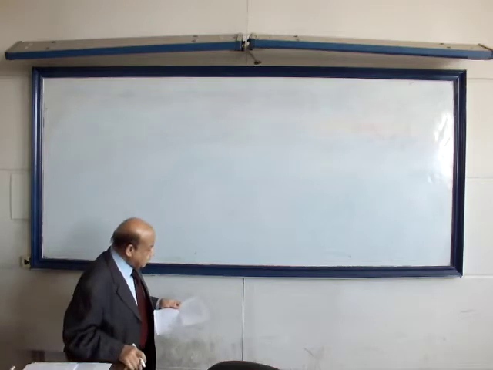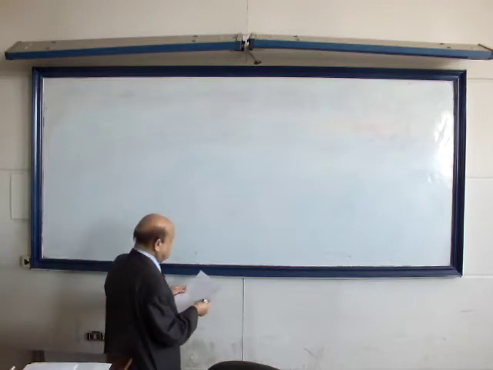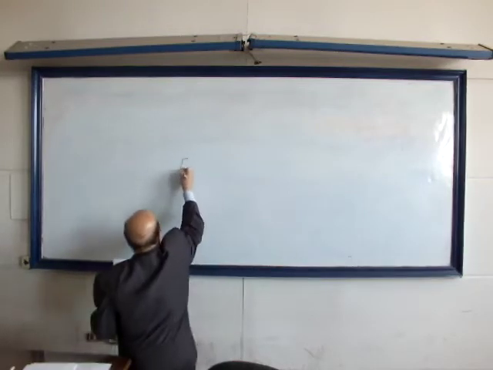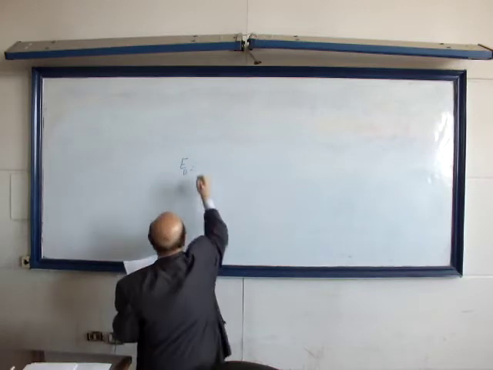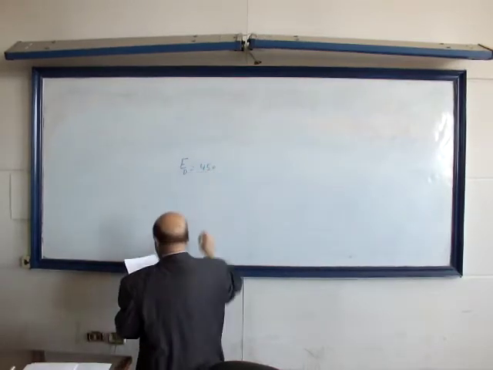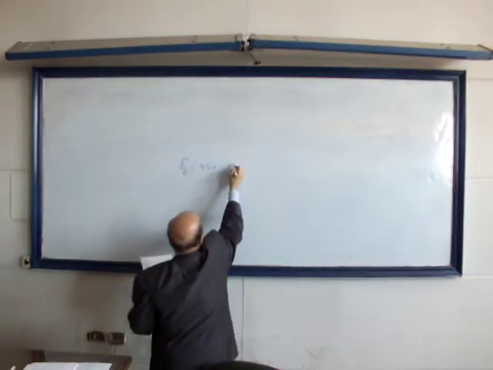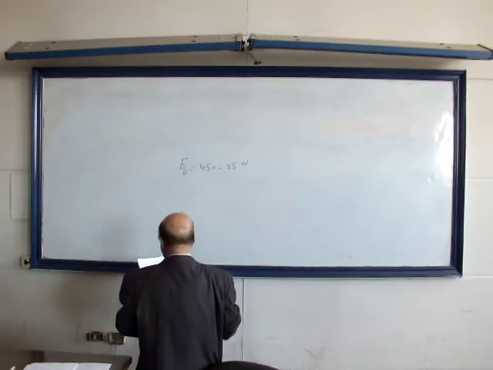The problem says, consider the following demand and supply function for labor. I give you the demand function, which is ED equal 450 minus 25W. This is your demand function.